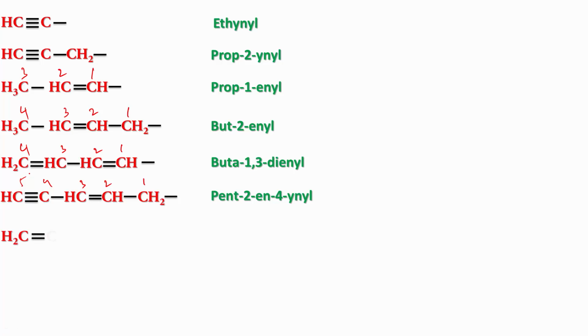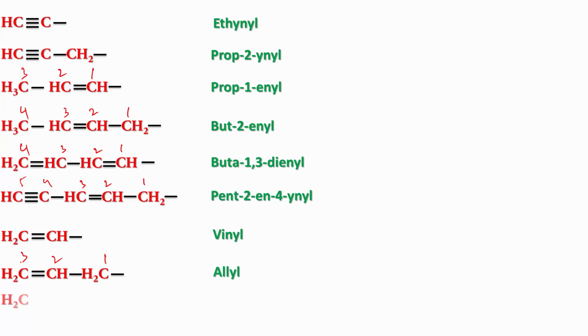This one we can call ethenyl. We can also call it vinyl. What would you call this one? 1, 2, 3. This is prop-2-enyl. It's also known as allyl.